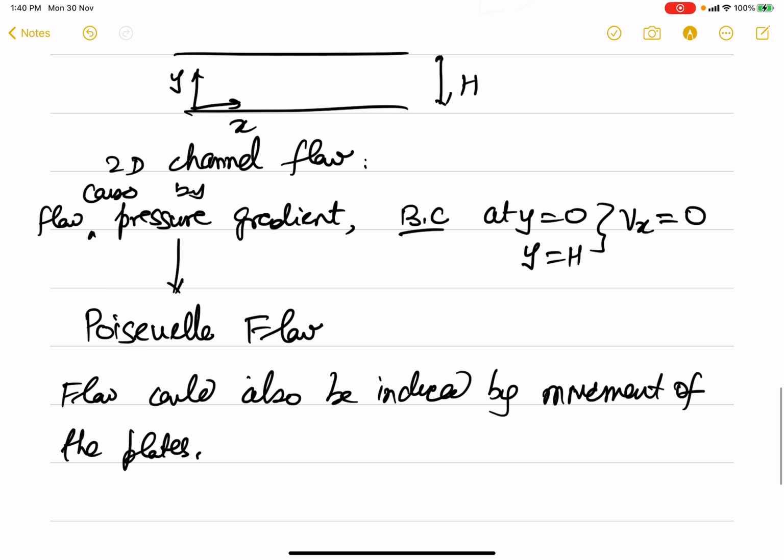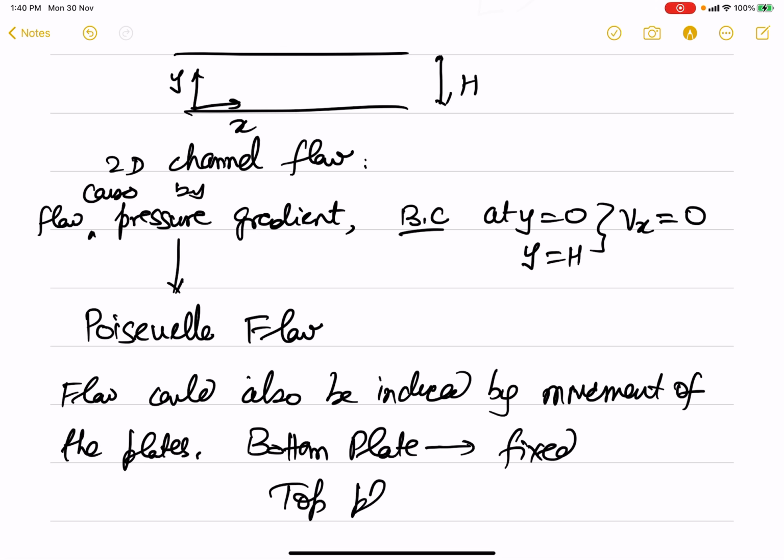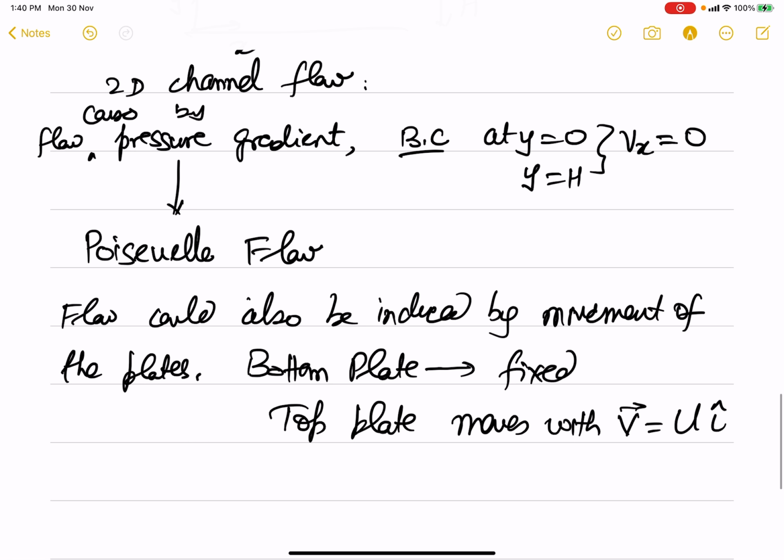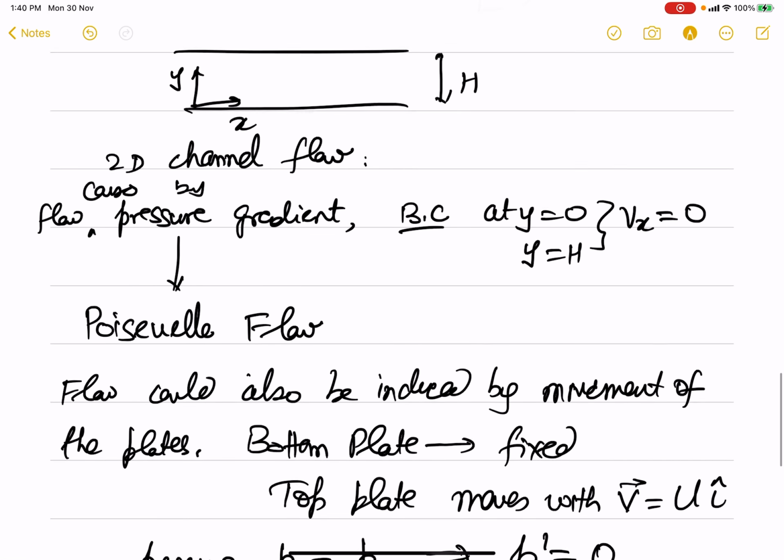And as a general case, we could consider, let's say, the bottom plate is fixed and the top plate moves with V is equal to capital U. And let us say the pressure P1 is equal to P2, which means P prime is equal to 0.